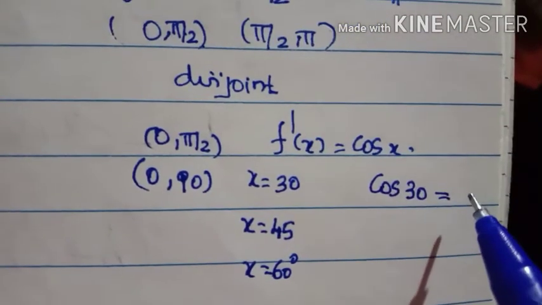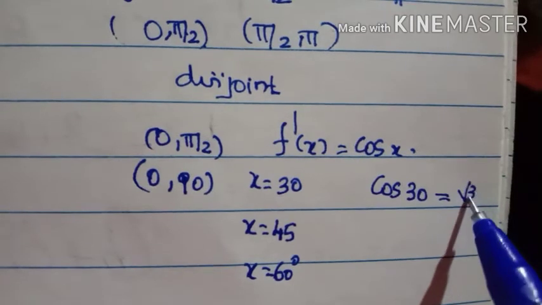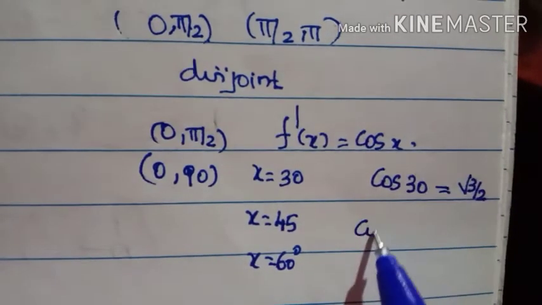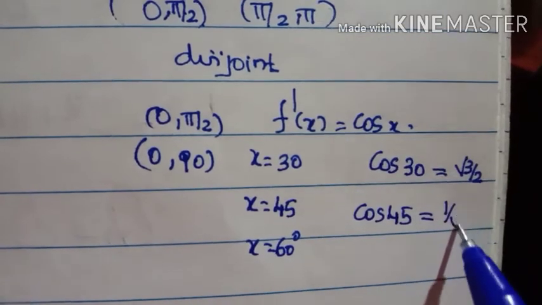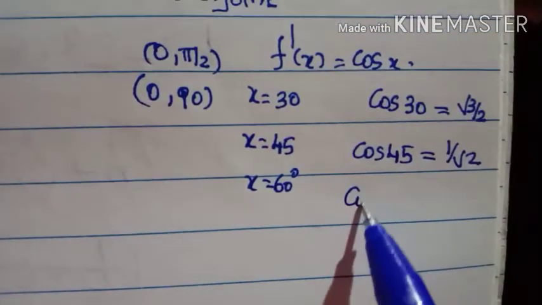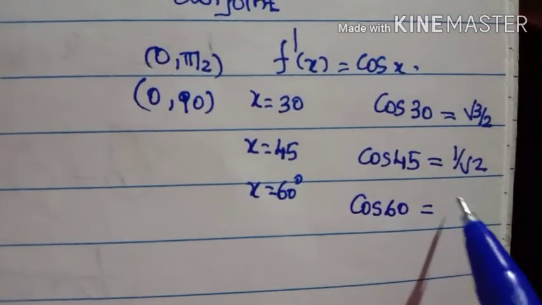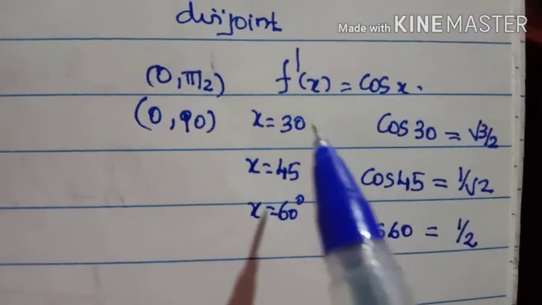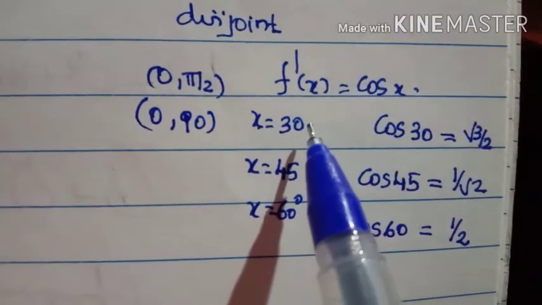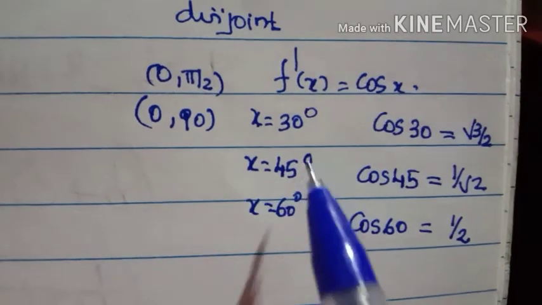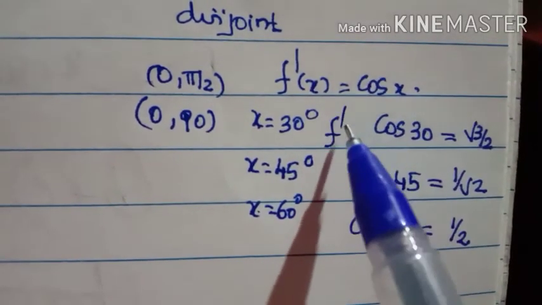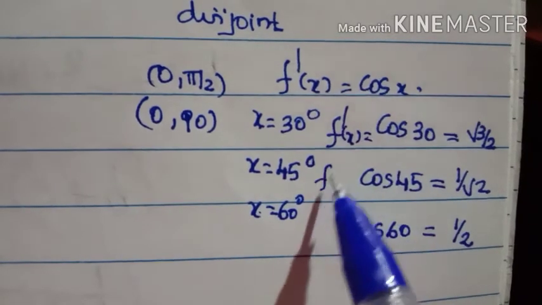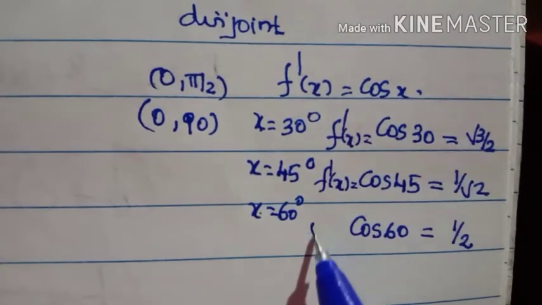Cos 30 is root 3 by 2. Cos 45 is 1 by root 2. Cos 60 is 1 by 2. So when x is 30, 45, or 60 degrees, f dash of x becomes a positive quantity.